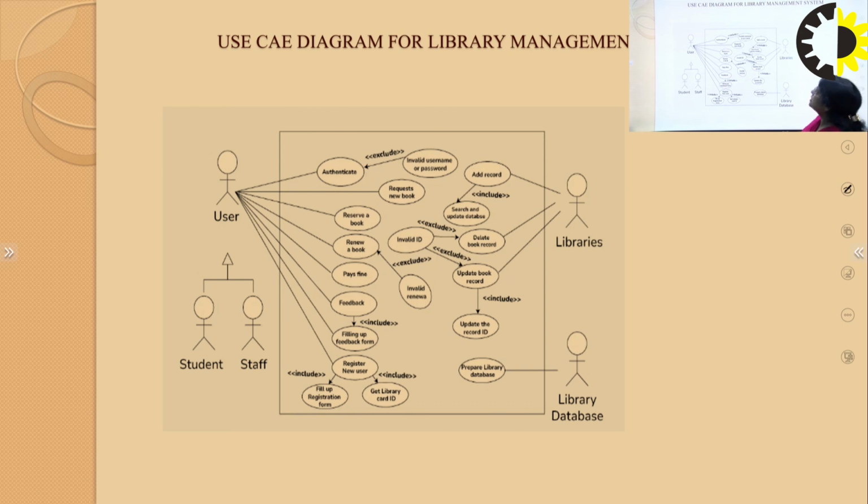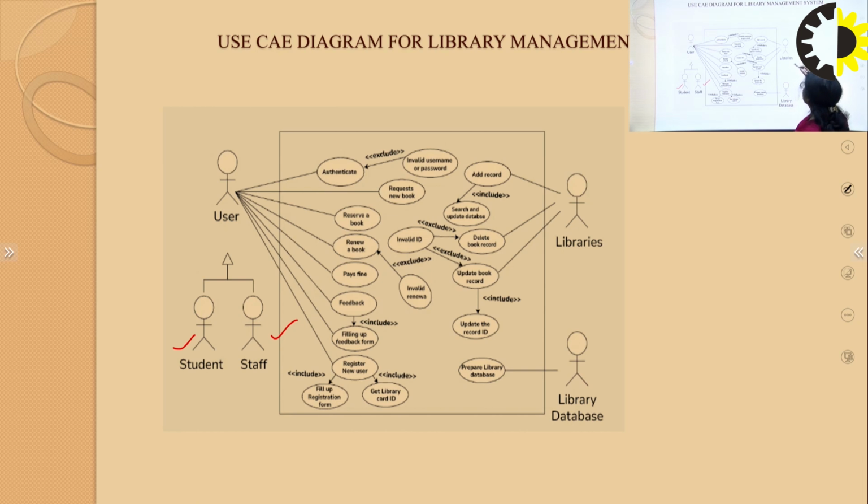This is the next diagram, which is used for the library management system. Here there is a user, and we can divide this user into two categories: first is staff and second one is student.